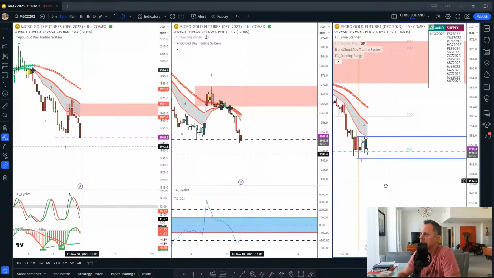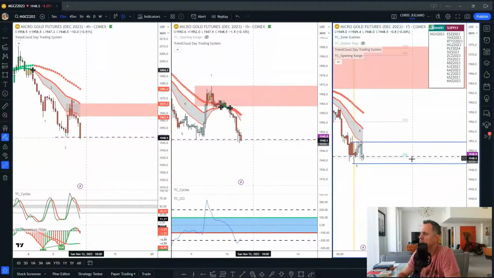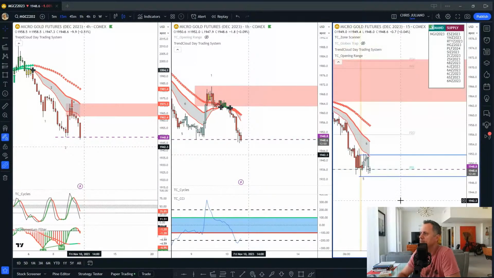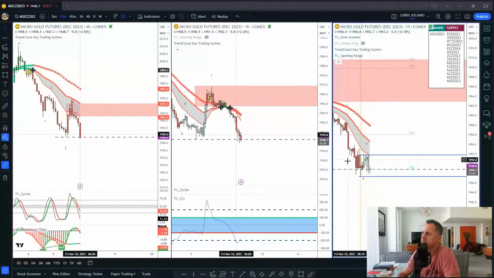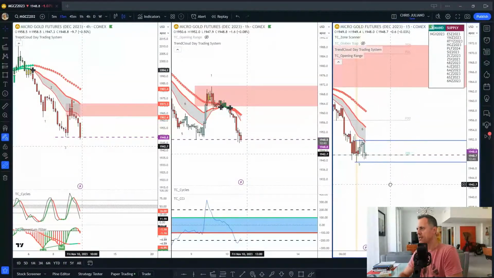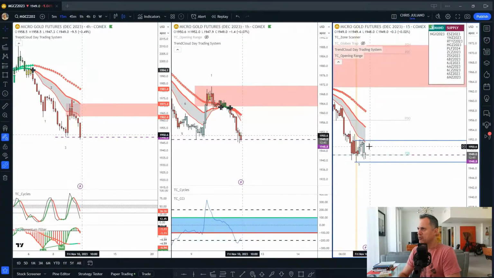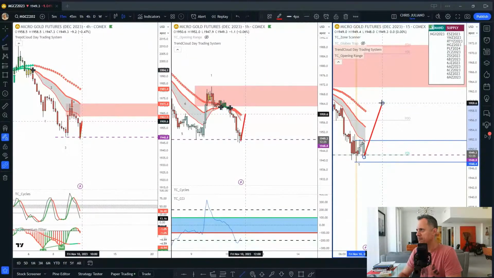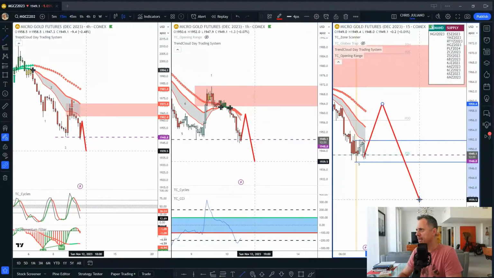We're hitting that previous day's low. We did break below it, but it's not doing much now. So because we're extended, it might want to come up here, recalculate, and then continue the move down.